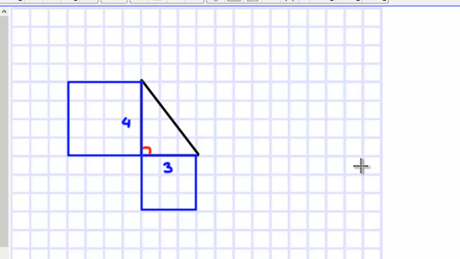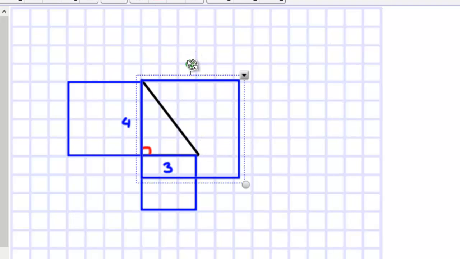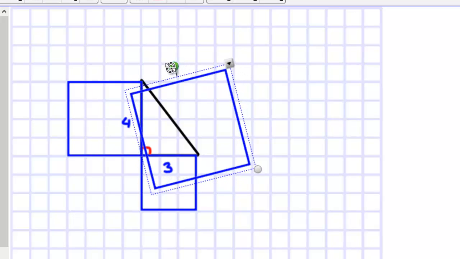Now what about if I create a square formed by the hypotenuse? I don't know the dimension, but I'm going to try something like that, and I'm going to rotate it until it matches exactly on the hypotenuse.